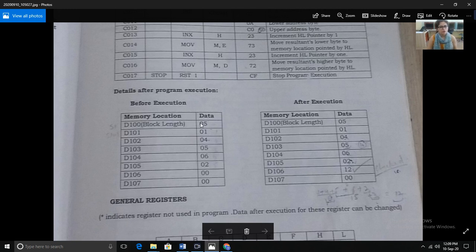The starting address of the data is D101, which I am assuming as 5101. The data is 1, 4, 5, 6 and 2. These are a total of 5 blocks, and we have to store the result at the end, at this block D106. So for this we have to write the program.